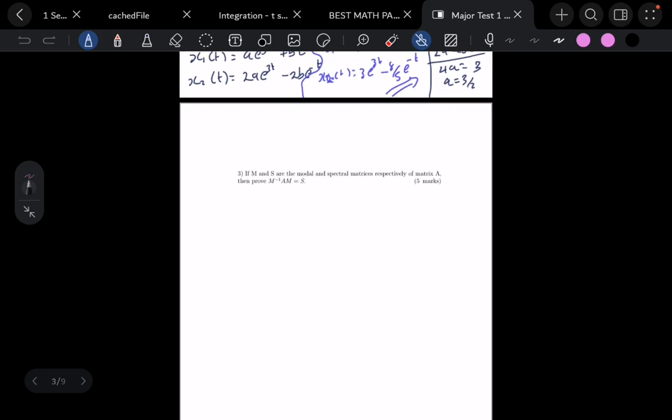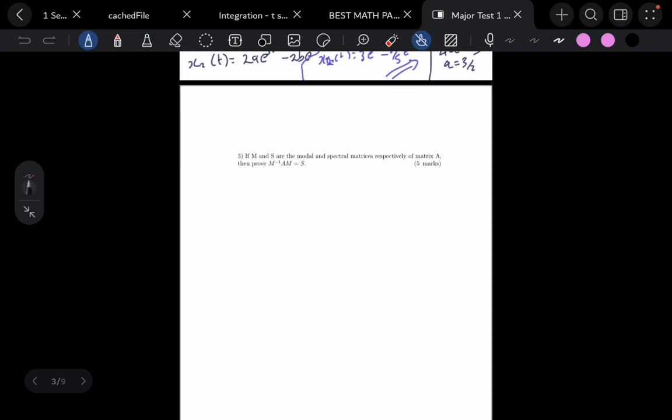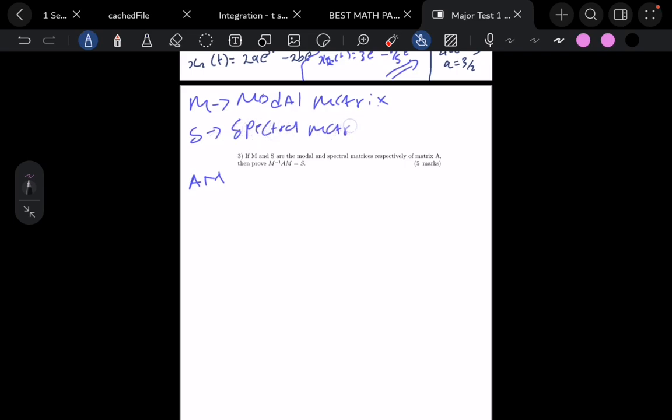Right. The third one, we are asked to prove that M and S are the modal and spectral matrices respectively of A. So how do you prove that? It's very, very easy to prove it. We are going to say A times M. Now you know that M is a modal matrix, and S is the spectral matrix.